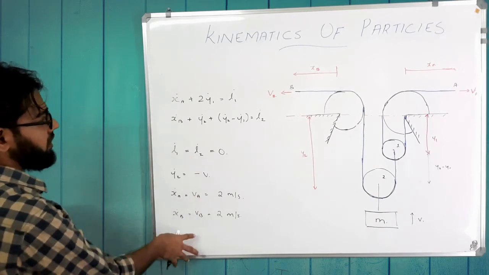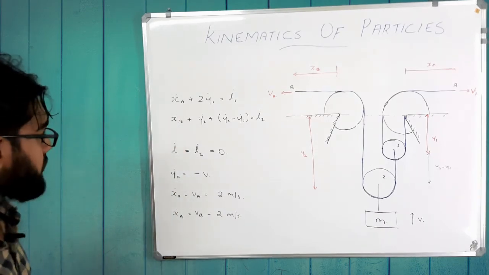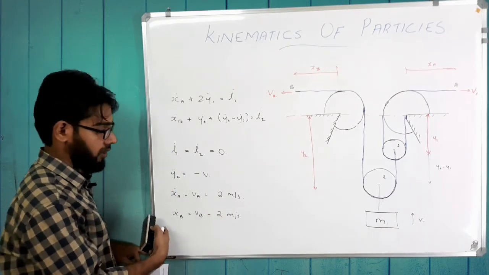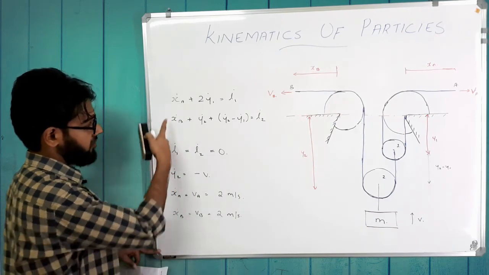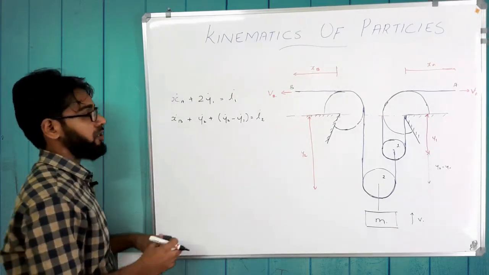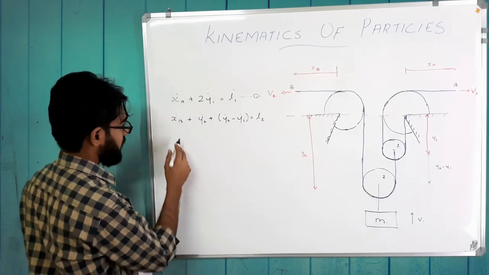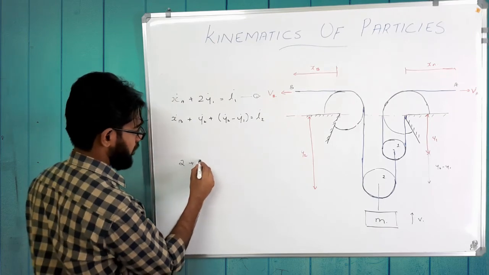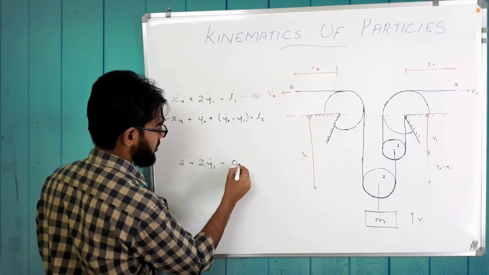So substituting these conditions into the equations, first the first equation: XA dot is 2 meters per second plus 2 Y1 dot is equal to 0.